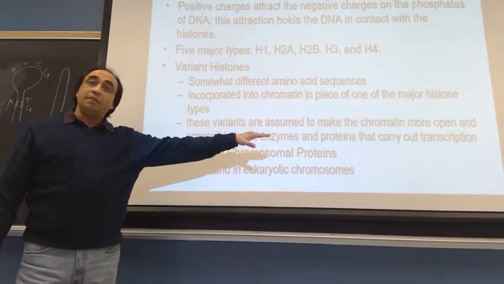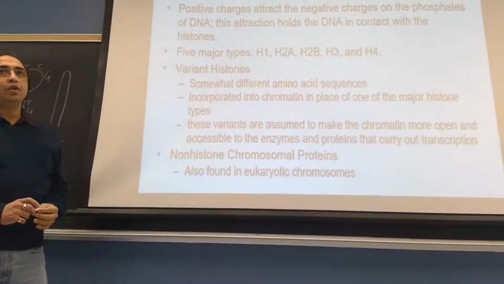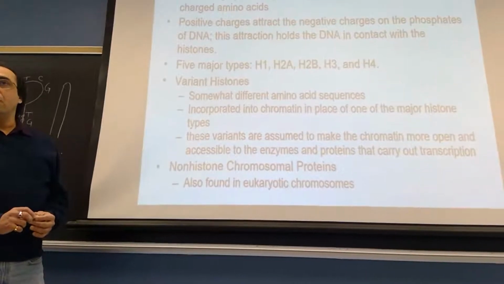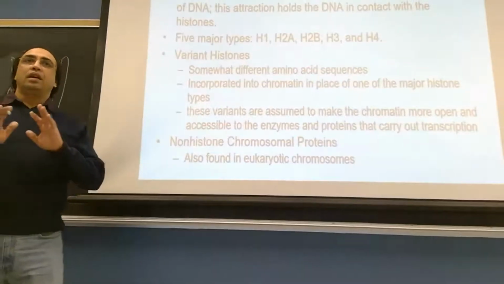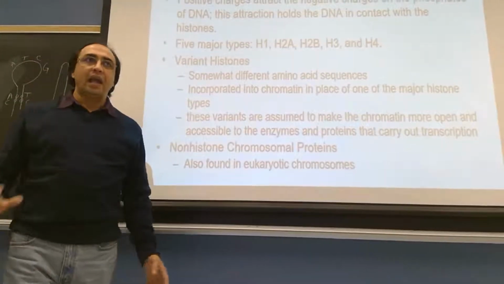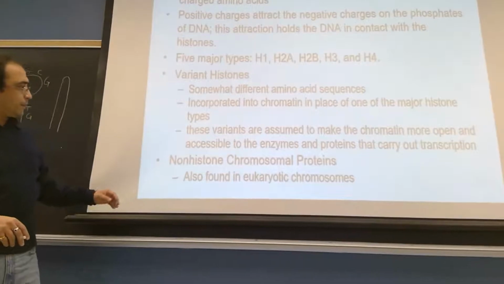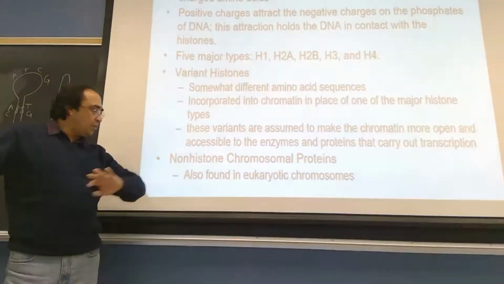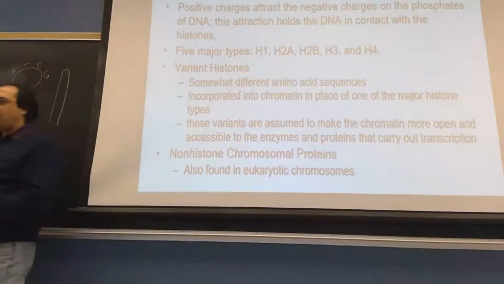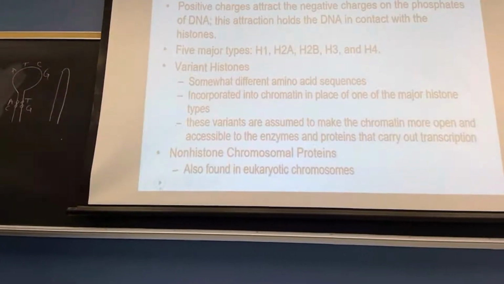If chromatin is more open, it is more sensitive to breakage and transcription, so it can create more protein and develop a genetic imbalance. There are also non-histone proteins found in eukaryotic chromosomes, but we don't really know their function very well.